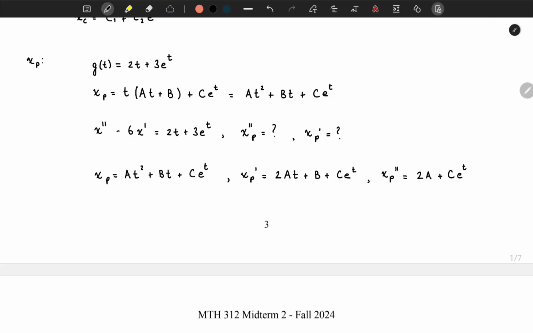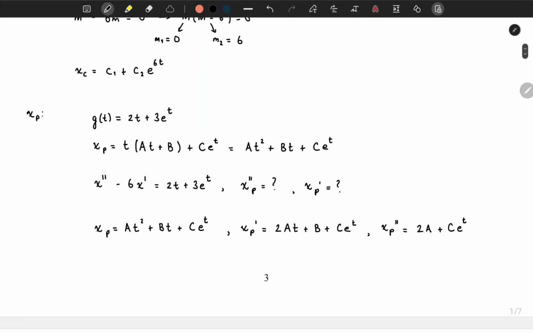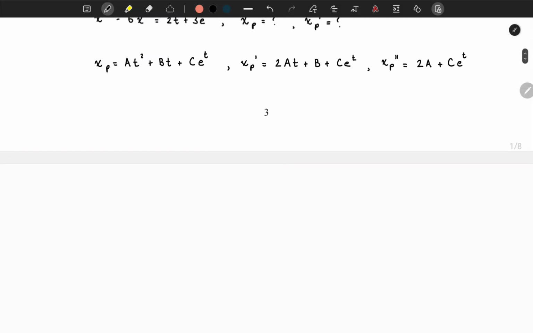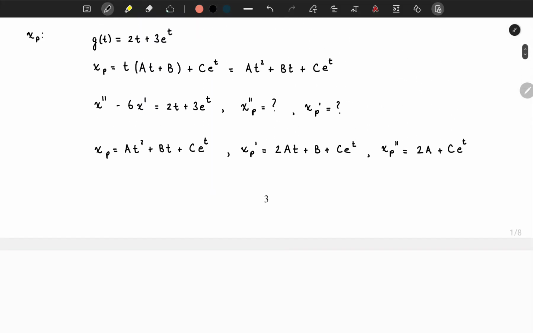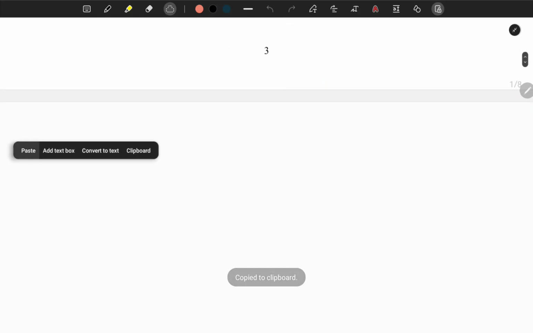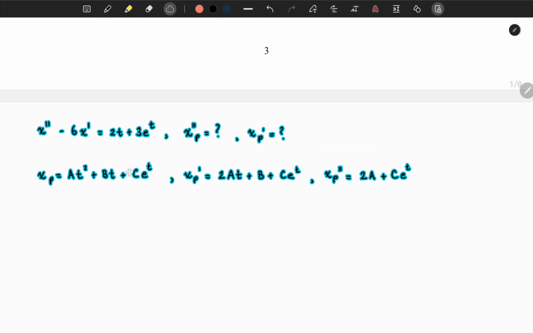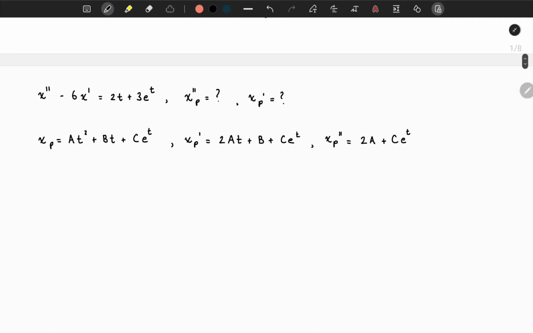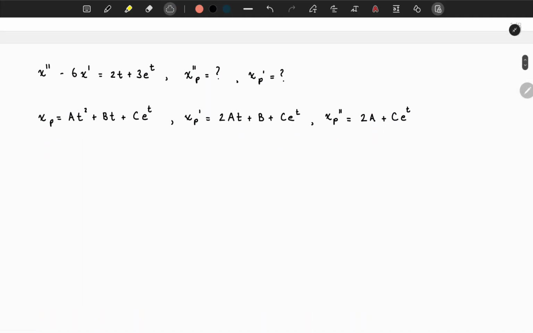However, let me just add another page. Okay, so I've just added another page. Let's take all of this information. Okay, so let's now plug it in.